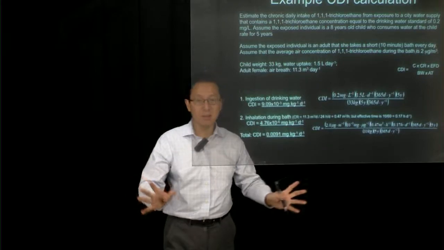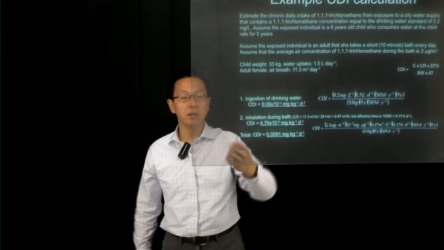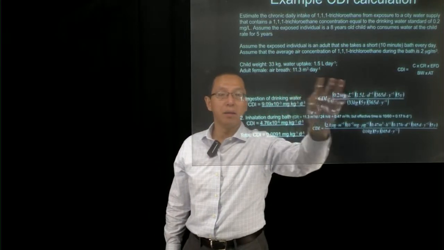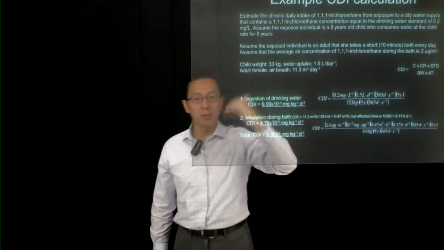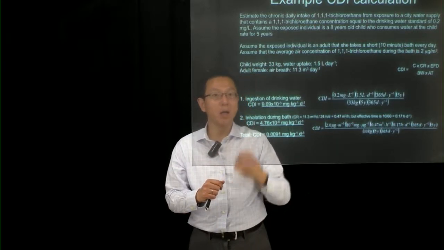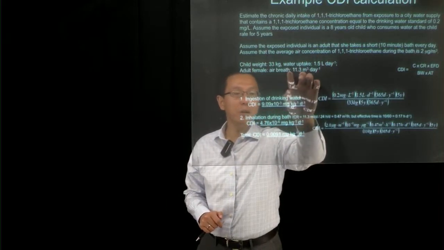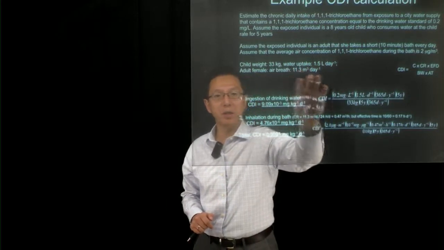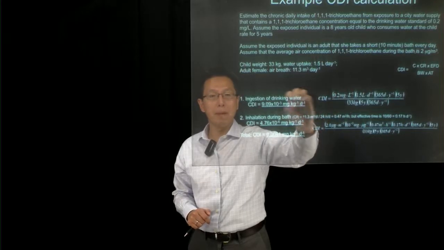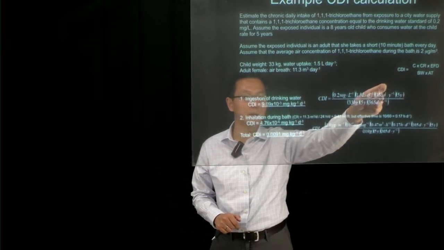If we ignore everything else, so what we have is this, interest in the inhalation dose of CDI of 1,1,1 trichloroethane. Now, every day, this female breathes in 11.3 cubic meters. But we are only interested in the 10 minutes she's taking the shower, right?